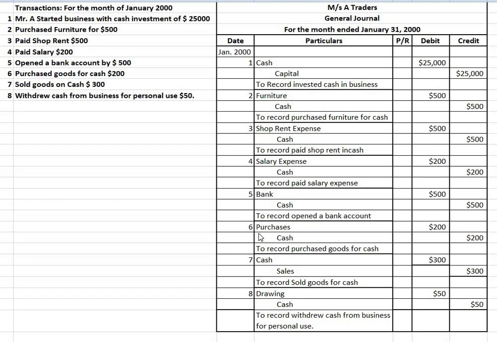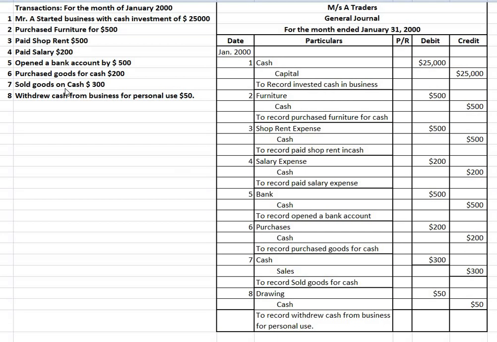Merchandise or goods whenever purchased are to be recorded as purchases, and whenever sold are to be recorded as sales. Here in transaction number 6, we have purchased goods. That is why purchases is debited by $200 and cash is credited by $200.